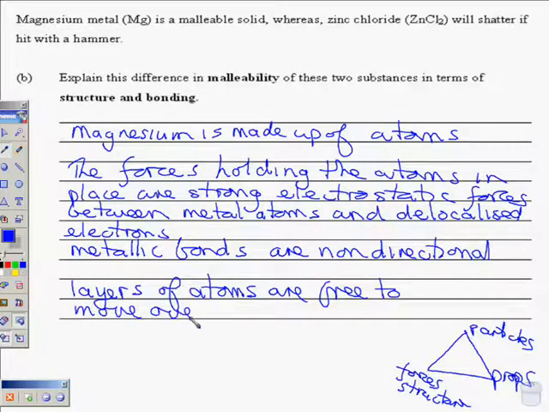Now you might put a wee diagram in there to illustrate that. I've done another tutorial before where I've illustrated that very thing, the layers of atoms moving over each other, so you probably want to go back and maybe look at that. But there we go, we've gone through a process that's generated an answer.